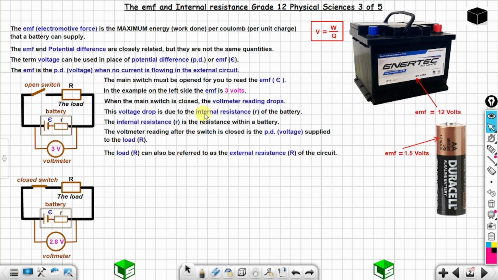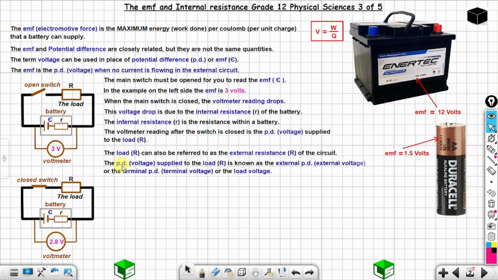For external resistance, outside of the battery, we use uppercase R. You can have 1, 2, 3, and more resistors connected to the battery.